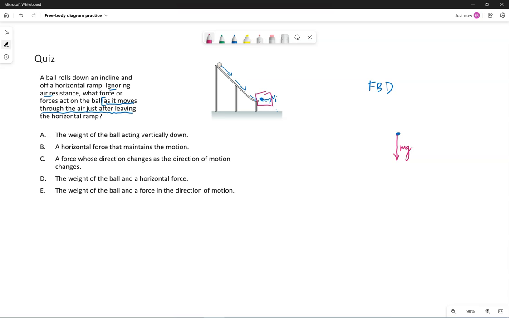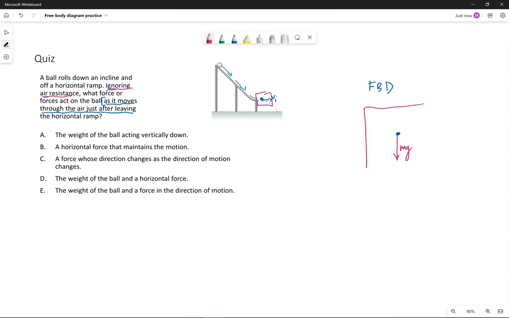Any other forces would be contact forces. The only thing this ball is now in contact with would technically be the air. And so the only other force that could potentially be acting on the ball would be air resistance. But this problem tells us to ignore air resistance.